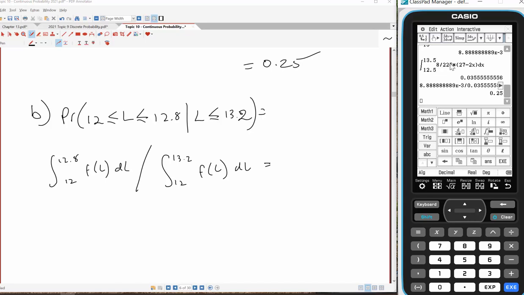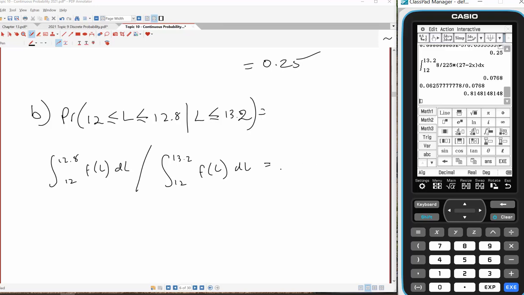So 12.8 there, and 12 gives us that. Now let's do 13.2 to 12, and we get that. So it's this value here divided by this value here.